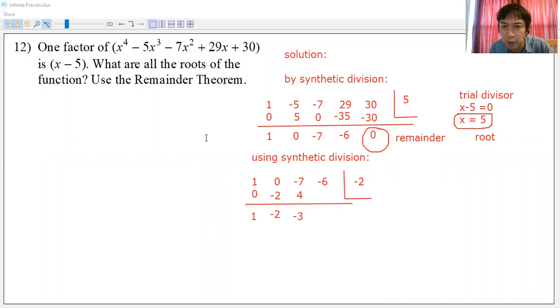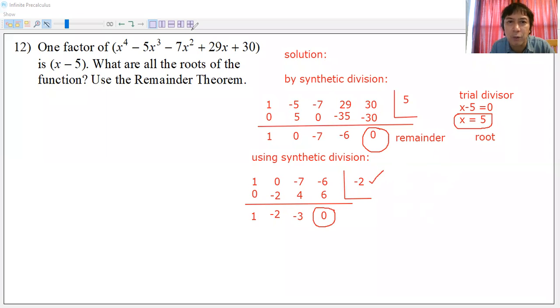Next product is between -3 and -2. It's a +6. So we get a +6 here. And so we have the final addition, which gives us a 0 remainder. So we get another 0 here. And this means this is another root.